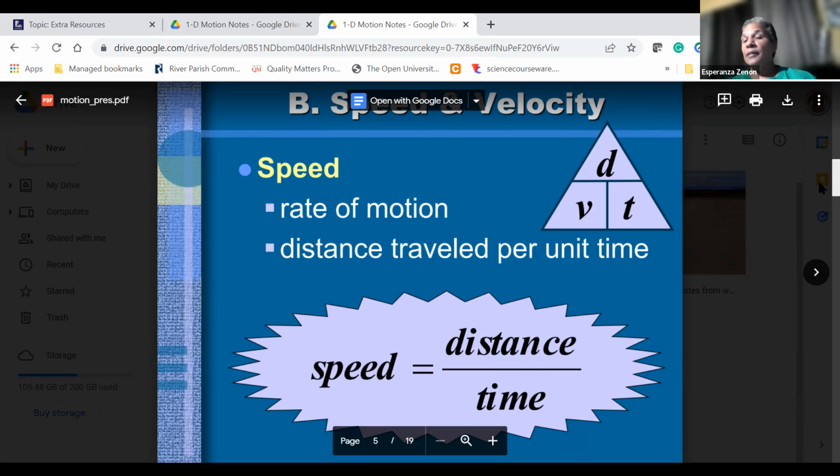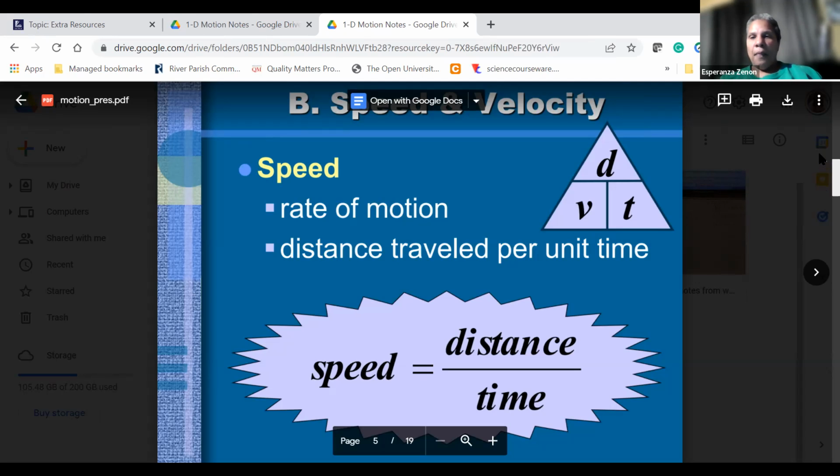Speed equals distance over time, right? So I took all 5 of those equations that you saw in the notes, and I collapsed it down to 2 pyramids. One for distance, speed, and time, and the other for velocity, acceleration, and time. Right? So, hey, better to have 2 pyramids than 5 equations.